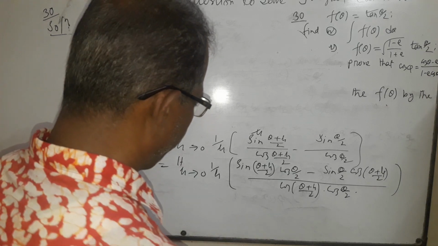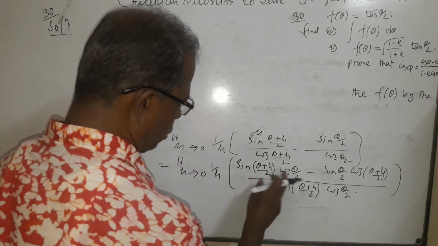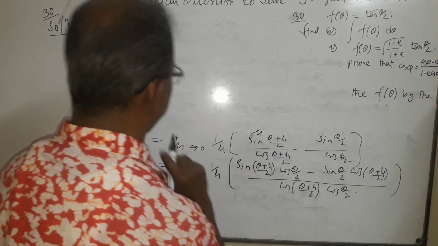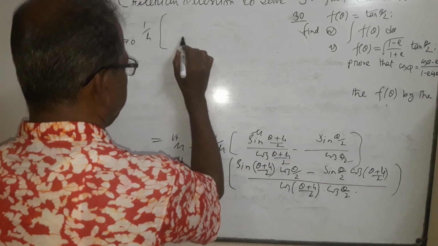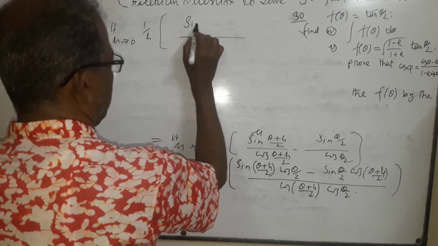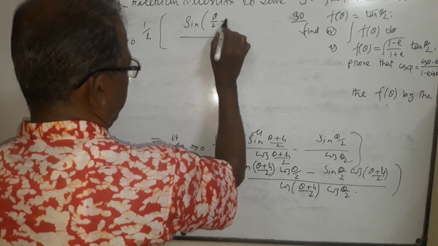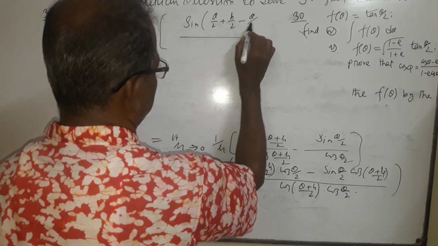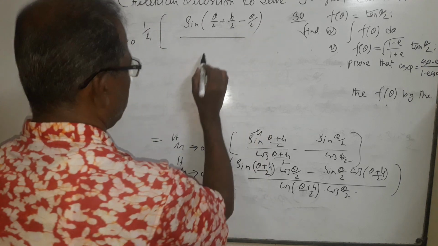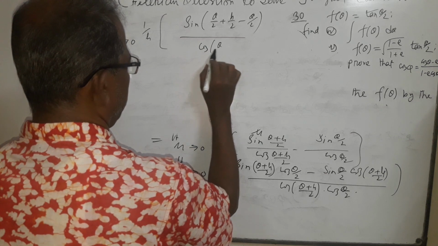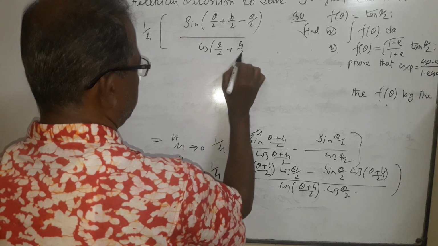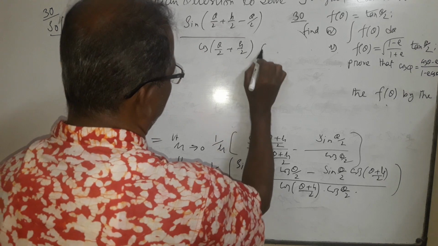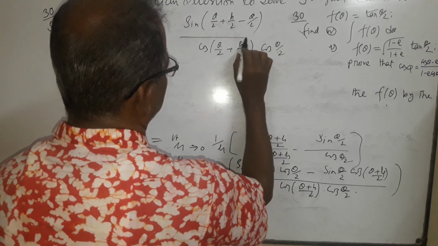We have to find sin A cos B minus cos A sin B. That's why it is sin of A minus B divided by cos theta divided by 2 plus h divided by 2 into cos theta divided by 2.